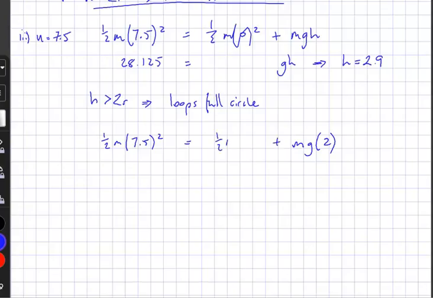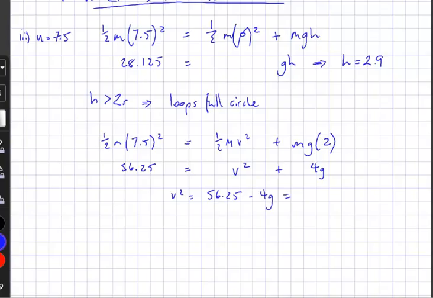So rather than putting v equals 0, let's find out what v is when the height is 2r. To make things easier, I'm going to multiply by 2 and divide by m. So I end up with 56.25 equals v squared plus 4g. I've doubled everything and divided by m. So v squared is going to be 56.25 minus 4g.